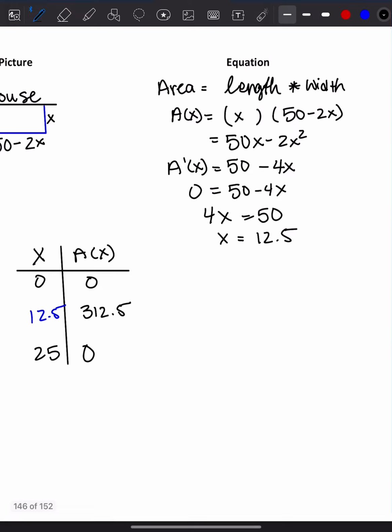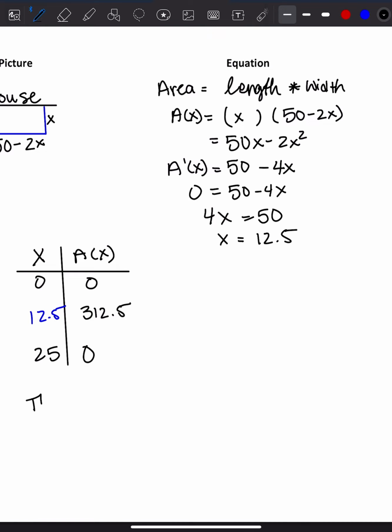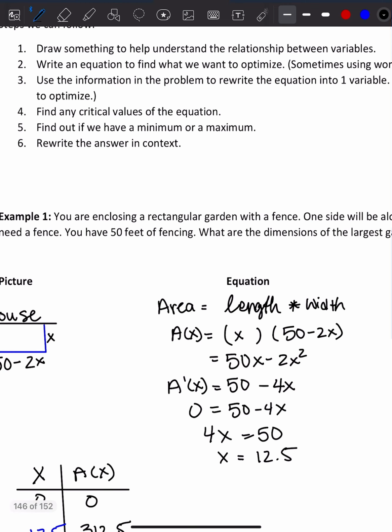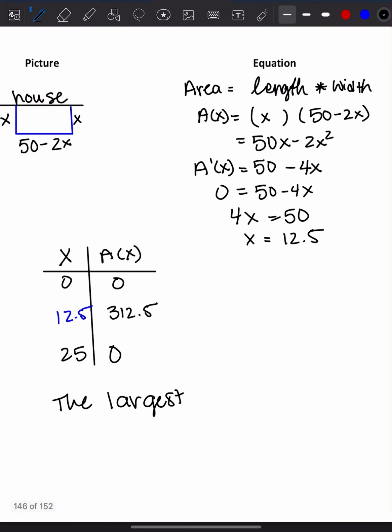So now we're just going to finish up with our statement. We want to remind ourselves, we want the dimensions of the garden. So dimensions being, we want these side lengths next to each other.